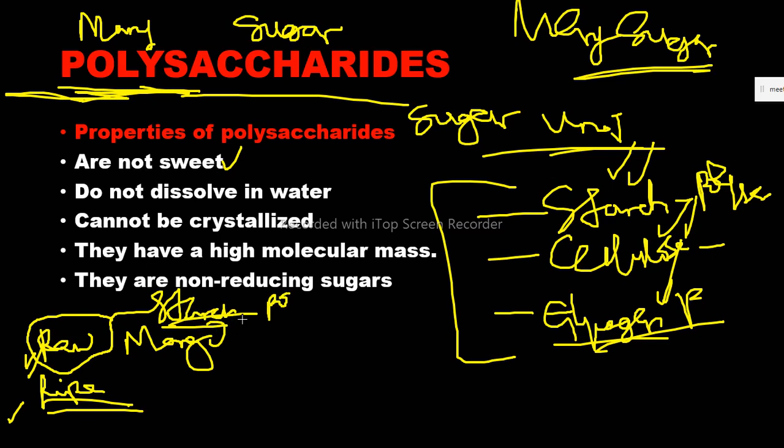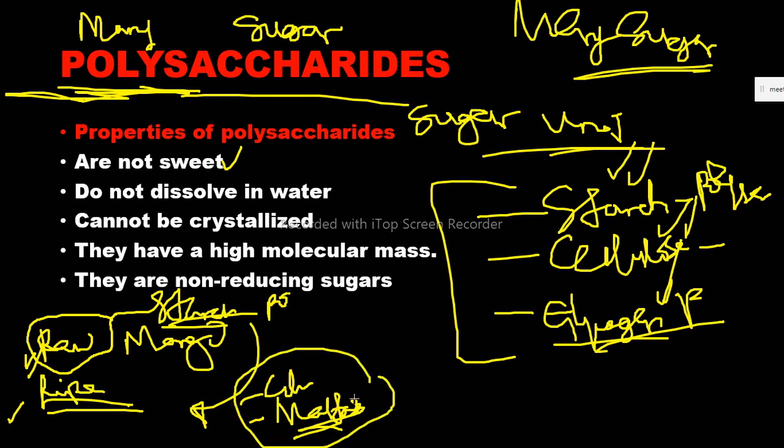But during ripening, starch undergoes hydrolysis to produce more glucose and maltose, as in grapes and other ripe fruits. So now the ripe mango is going to be sweet, and the raw mango is going to be sour.